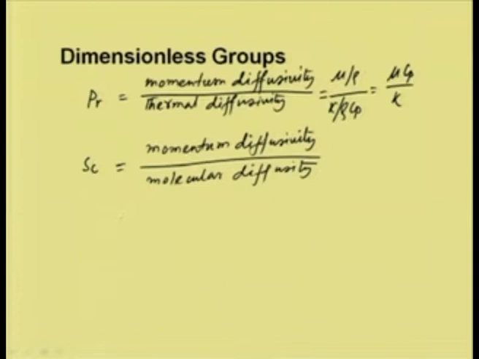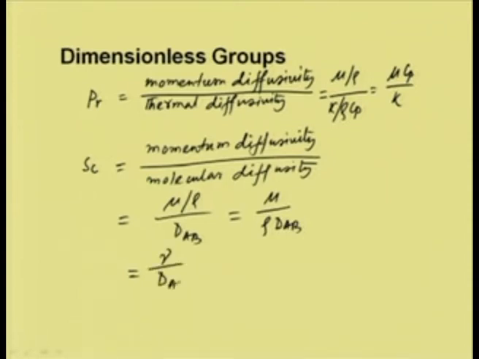So, which is equal to mu by rho by DAB, which is mu by rho DAB, which we can write as nu by DAB.